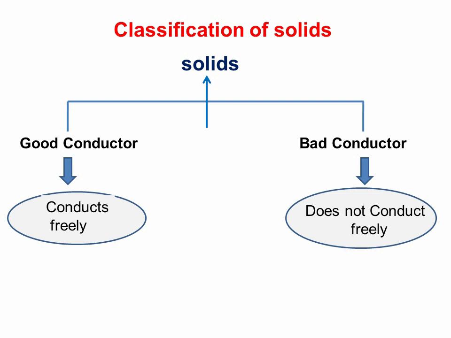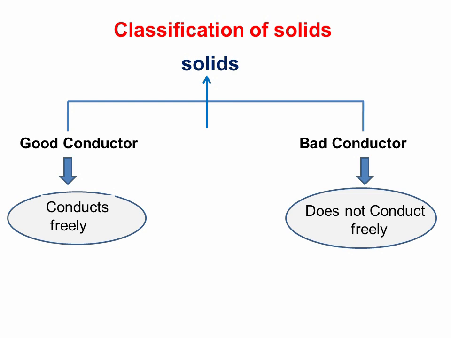Now, let us see how the solids are classified. Generally, solids are classified based on electrical conductivity. There are three types, namely good conductor. Good conductor means a substance which conducts electricity freely, for example, all kind of metals.